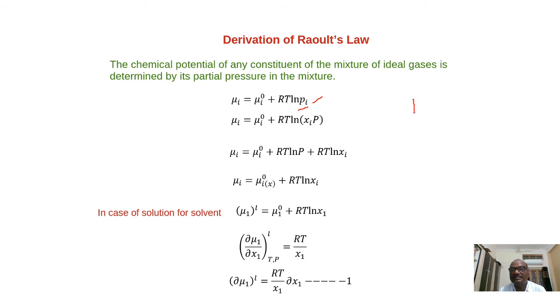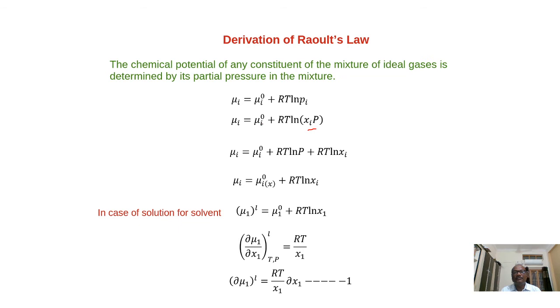We know the relation: partial pressure is equal to mole fraction into total pressure. So Pi is equal to Xi into P, where Xi is the mole fraction of that component in the system and P is the total pressure of the system. So instead of Pi, we write Xi into P.